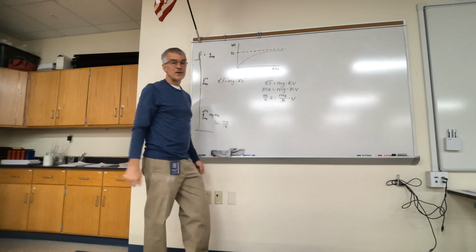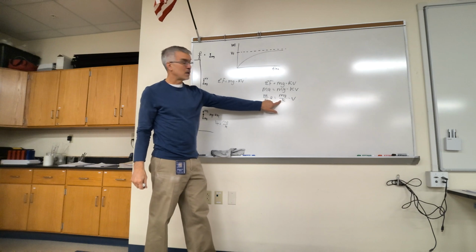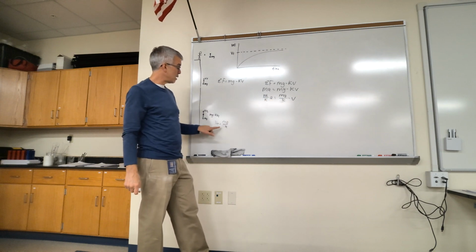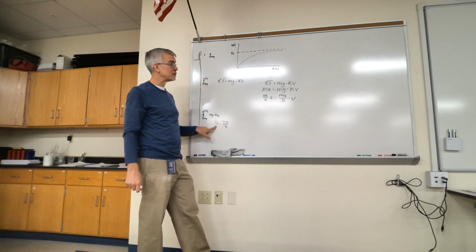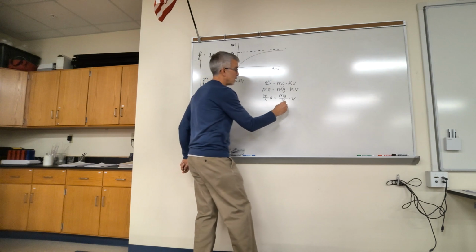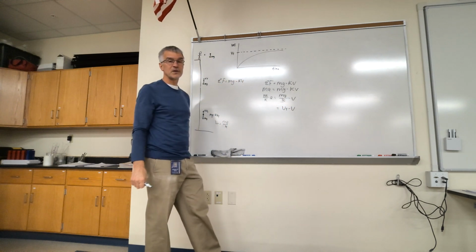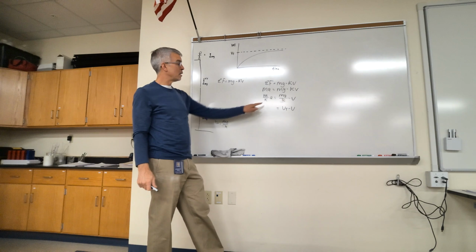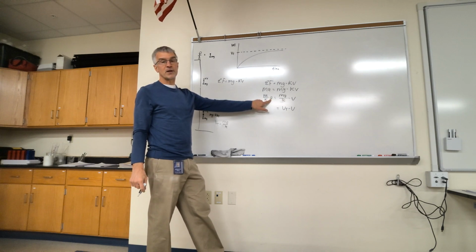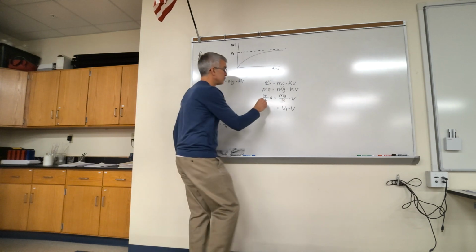Now, the reason I did that is because mg over k equals the terminal velocity. All right, so on the right-hand side of the equation, I got terminal velocity minus velocity. Now, I'm also going to rewrite acceleration as dv dt.